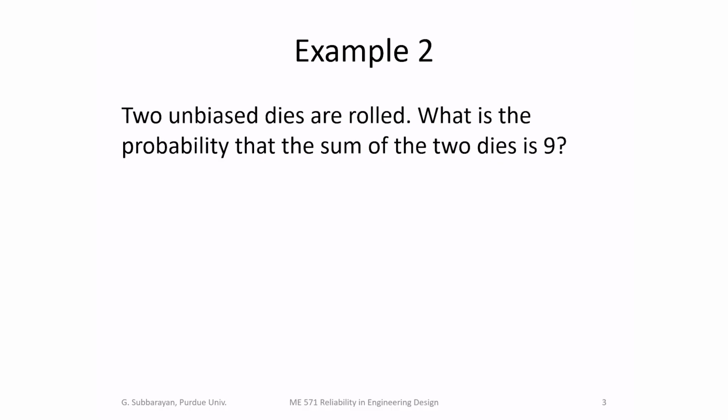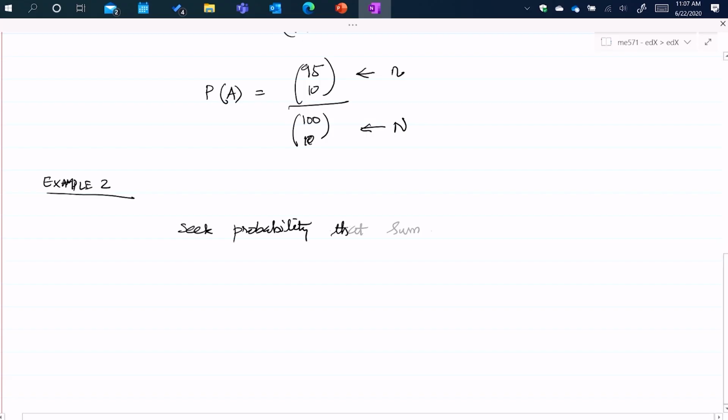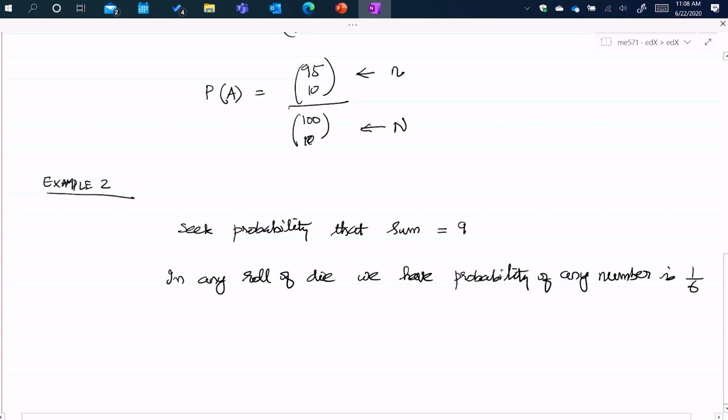And we want the numbers on the 2 dice to sum to 9. So in example 2, what we seek is the probability that the sum is equal to 9. For any roll of a die, there are 6 possible numbers, and the probability of any number is 1/6.